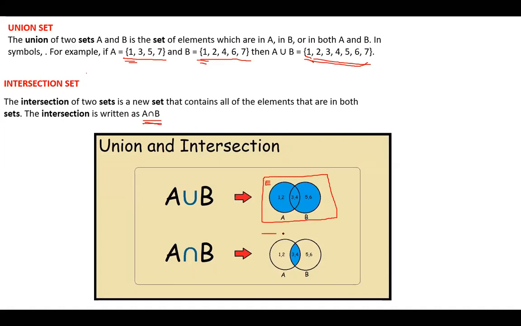When you talk about the intersection set, we're simply talking about common elements. So when you look at A and B there, the common elements are here, where the two circles converge.